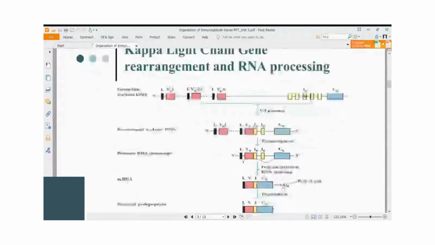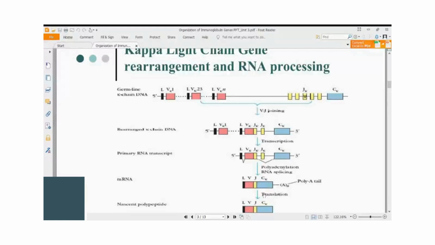Finally, it will have constituted a segment of VJC. So I had said that for the light chain, it is always VJC, and for the heavy chain, it is VDJC: variable region, diversity region, joining region, and constant region for the heavy chain. Whereas for the light chain, whether it is lambda or kappa, it is VJC recombination.